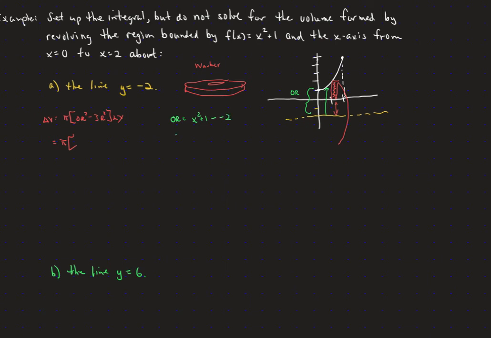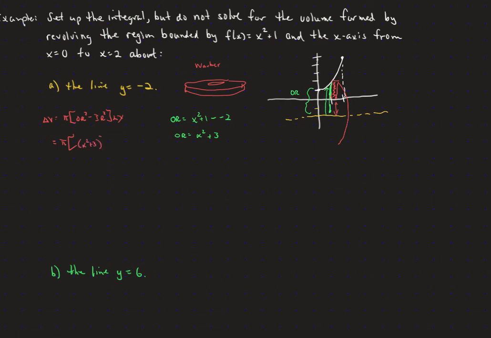And so that is going to make our outside radius x squared plus 3. Right? You can kind of see that. This much of the radius is our function, and we're going to add another 2 to that, making it x squared plus 1 plus 2, x squared plus 3. So that's going to make our outside radius squared be x squared plus 3 squared.